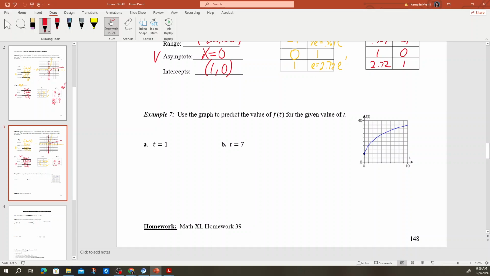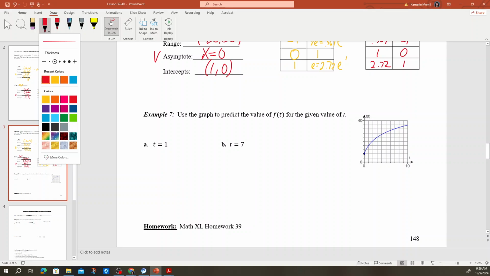Use this graph to predict the value of f of t for these given values. So when t is 1, we want to predict those values. So if you guys count this, when we look at this graph, what would you guys say at t equals 1? Let's make a prediction. And what are we counting by? Can you guys tell?